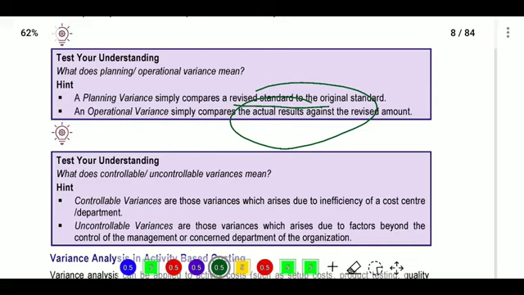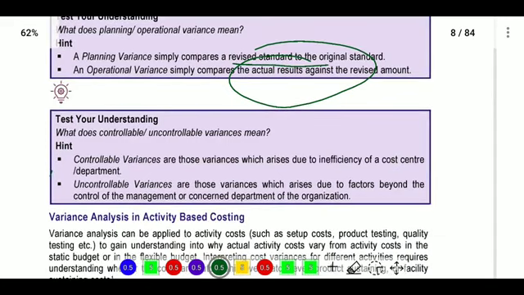Next, test your understanding. What are controllable and uncontrollable variances? You have started with one standard and planning, and after that comes actuality. Controllable variances are those variances which arise due to inefficiency of the cost center.